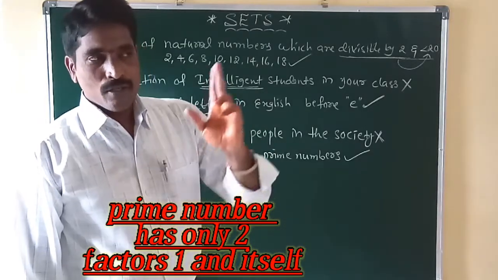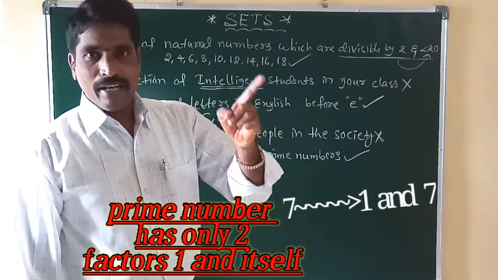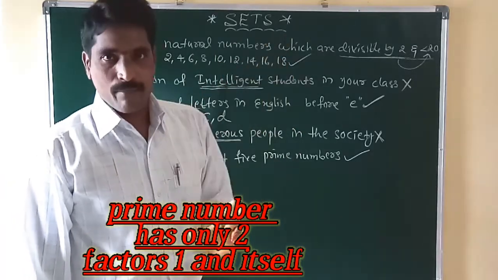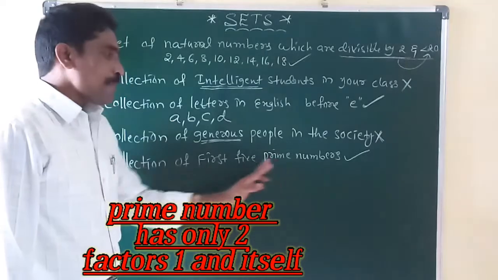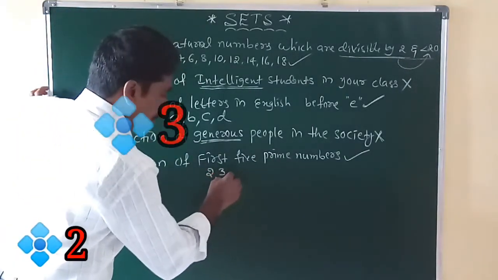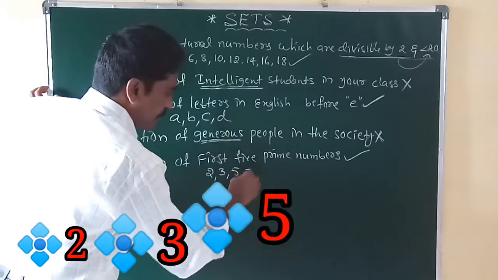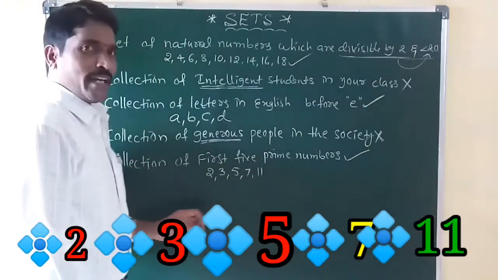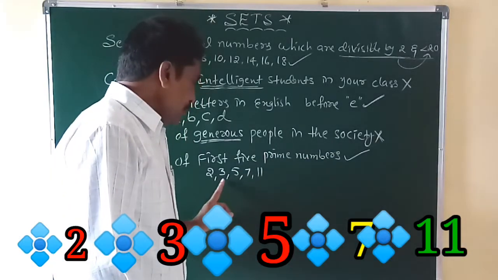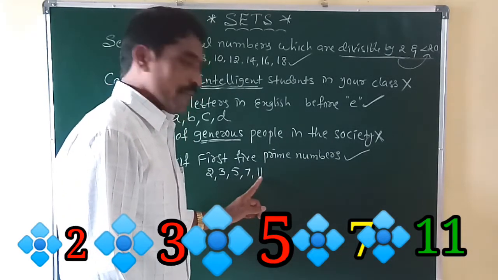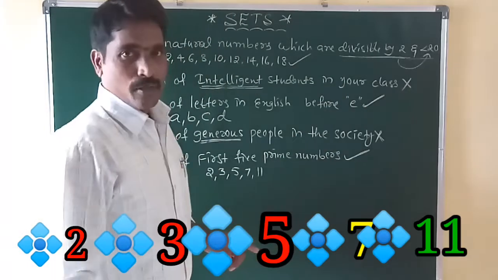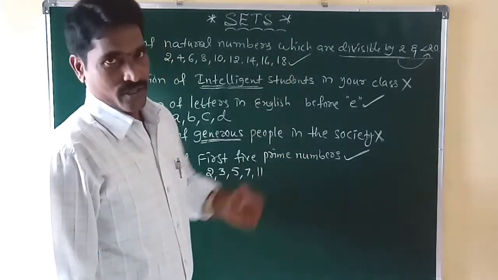For example, 7. 7 is divisible by 1 and itself, 7. So 7 is a prime number. So what are the first 5 prime numbers? They are 2, 3, 5, 7, 11. We can list out the first 5 prime numbers. So this is a well-defined collection of objects. This can be a set.